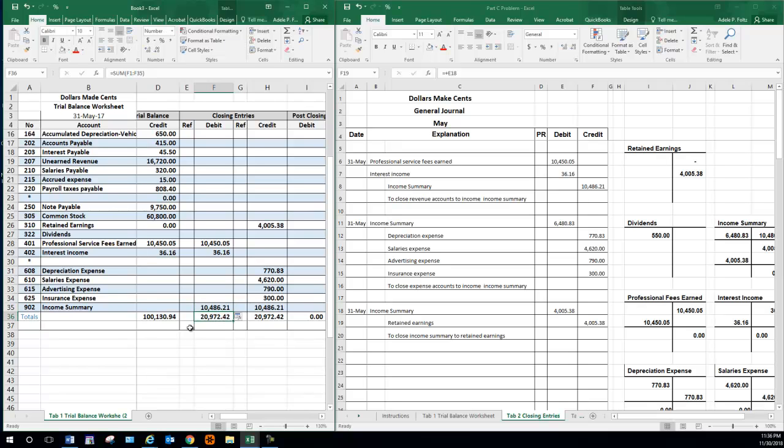It ends up being a total the same as the credits, because that makes sense. It's supposed to end up at zero. It has the same amount of debits as credits, so it ends up at zero. Where did those two numbers come from that I added? They're up here. See them? One was right here when I closed my expenses, and the other one was right here when I closed my income summary to retained earnings.